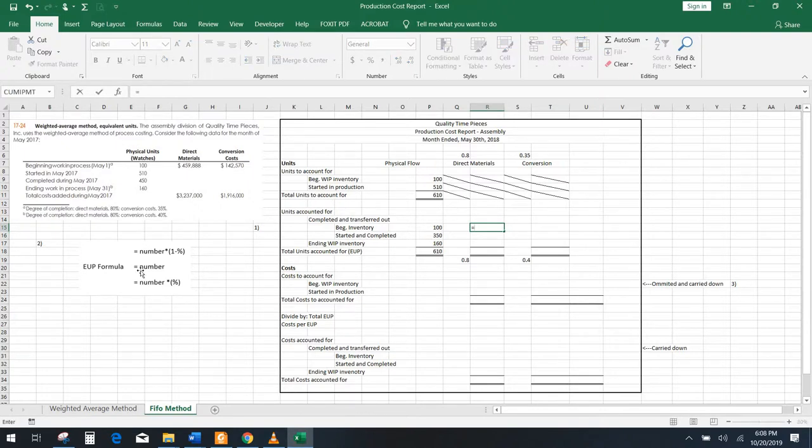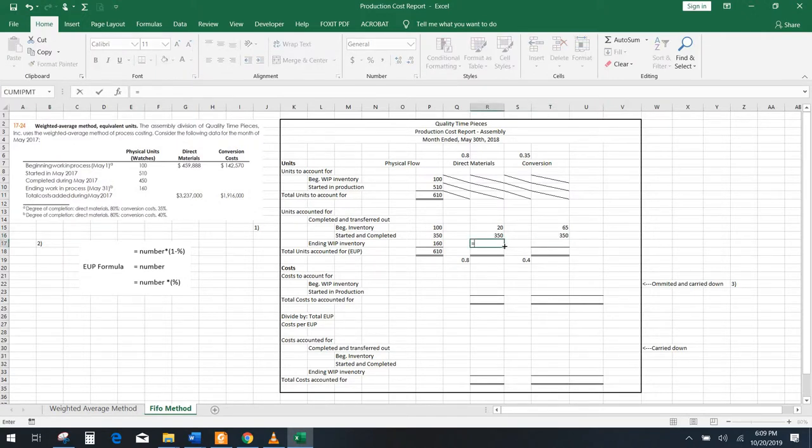This equals the number multiplied times 1 minus the percentage. And this equals the number multiplied by 1 minus the percentage. Okay? This is simply the number carried across, 350, 350.